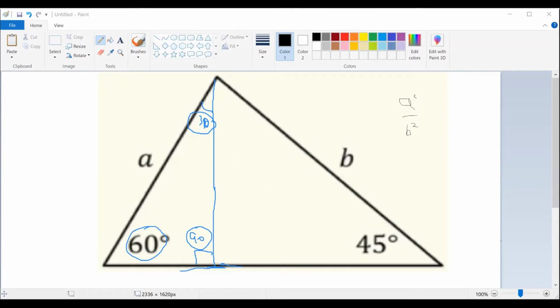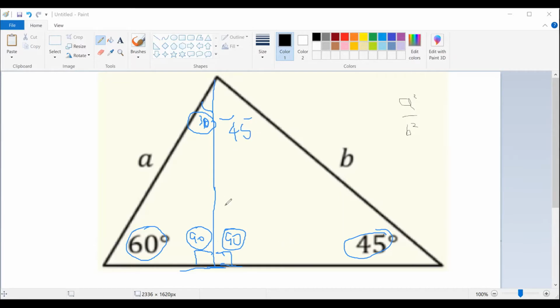Since this is perpendicular, this is 90, and you know that this is 45. These two angles add up to 180, so this must be 45.